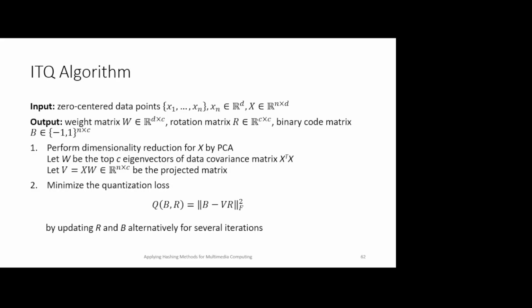Okay, so we have 2 steps. The first step, we perform dimensionality reduction by PCA. It's a very commonly used technique to reduce your dimension. You find the eigenvectors, and we choose the top C eigenvectors, so it depends on how many bits you want to generate. Here we want to generate C bits for each data point, so we keep the top C eigenvectors.